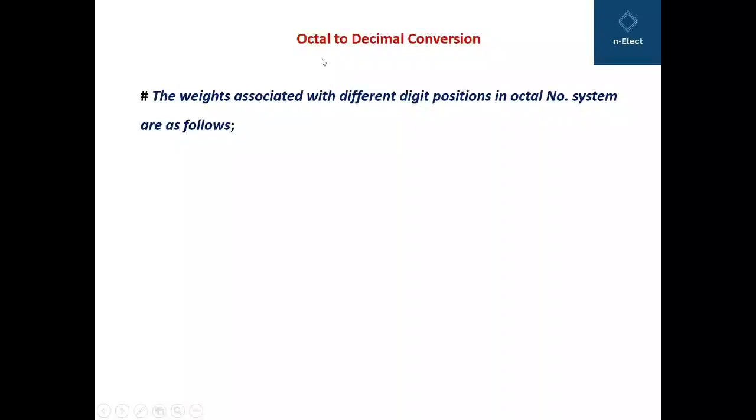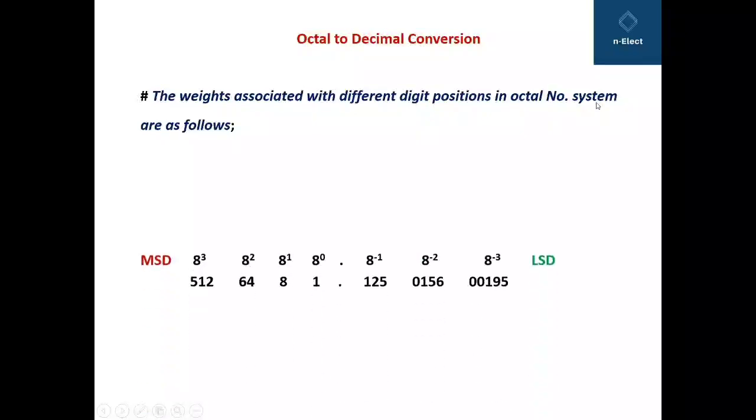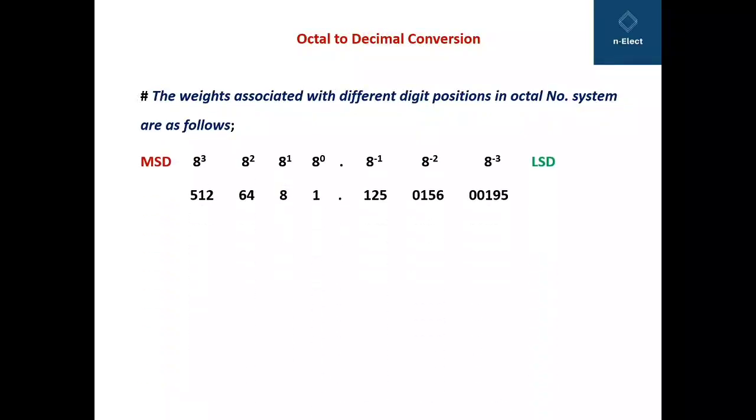Now moving on to conversions, we are going to see first the octal to decimal conversion. While converting an octal number into a decimal number, the weights associated with different digit positions in the octal number system are to be considered. Now, what are the weights which are considered with the octal digits?